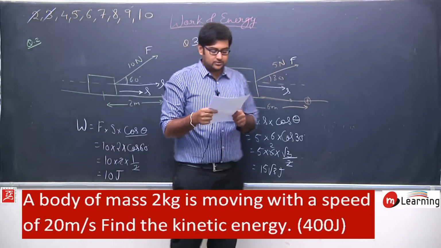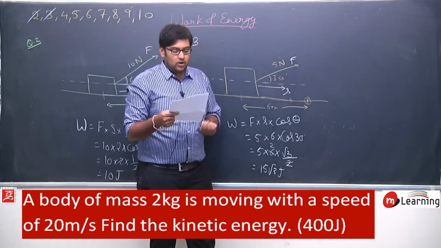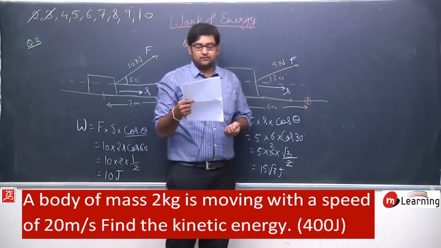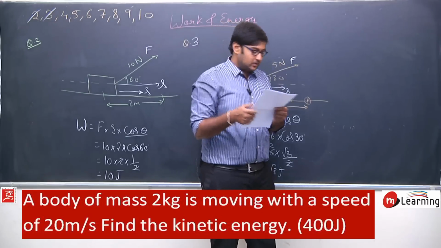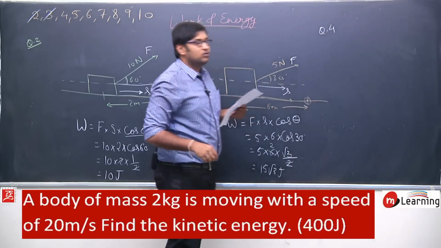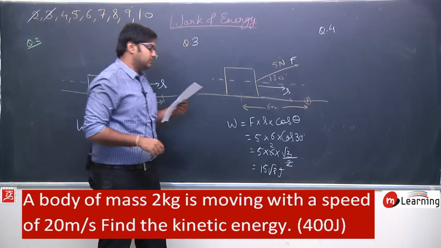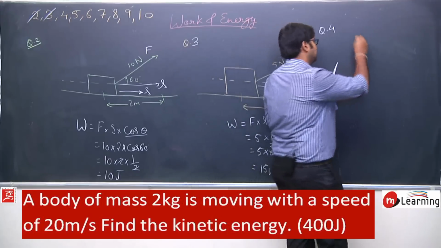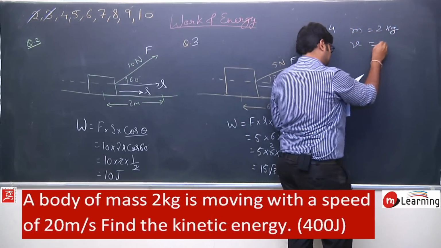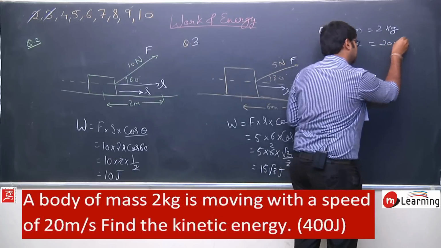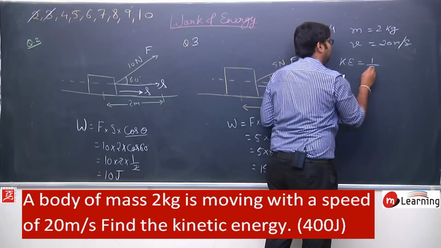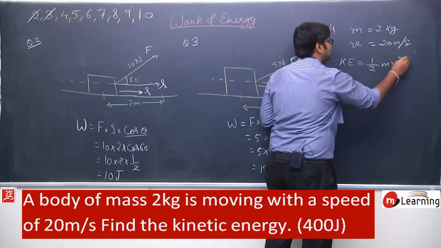Now moving to the fourth question. It says a body of mass 2 kg is moving with a speed of 20 meters per second, then find its kinetic energy. So we know that kinetic energy is equal to half of mass into the square of the velocity.